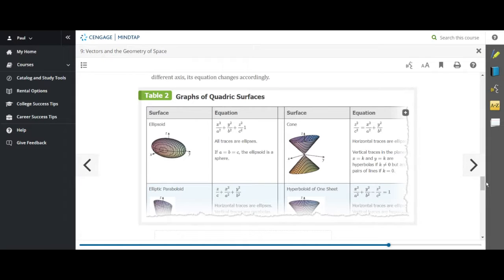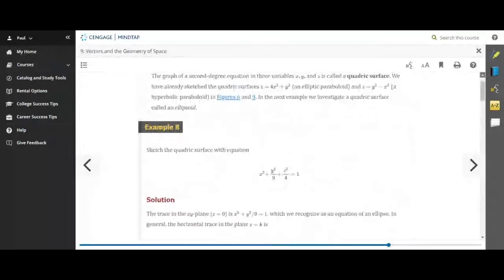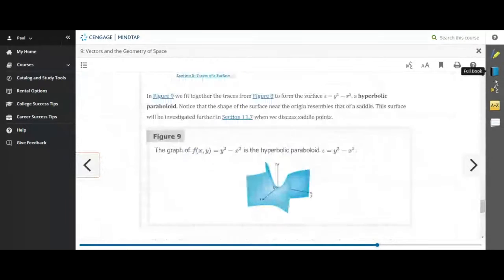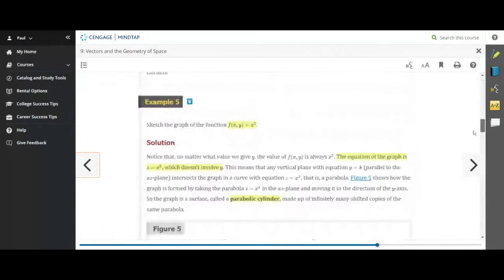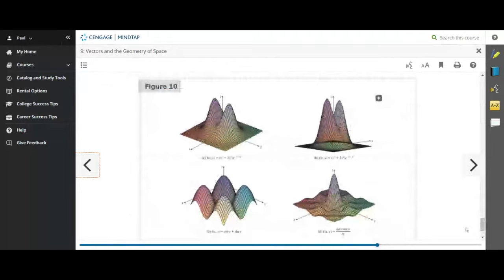For instance, if I go up a little bit here, let me find them. Yeah, see here in Figure 10, look at those surfaces. The equations for the surfaces are below.